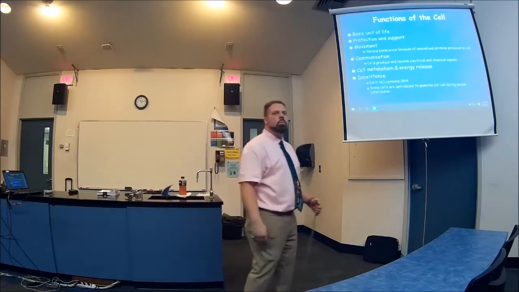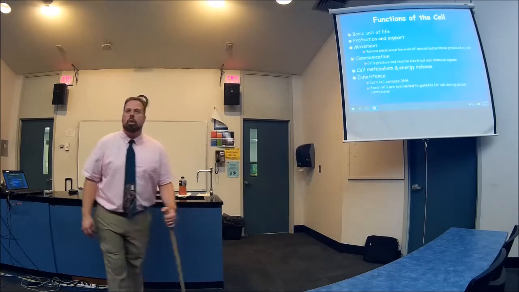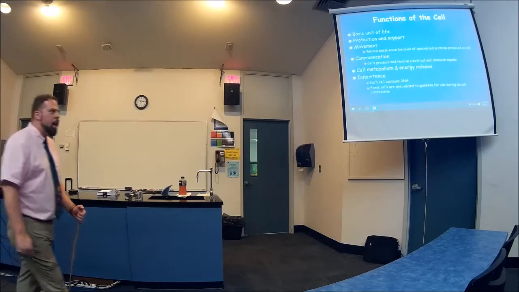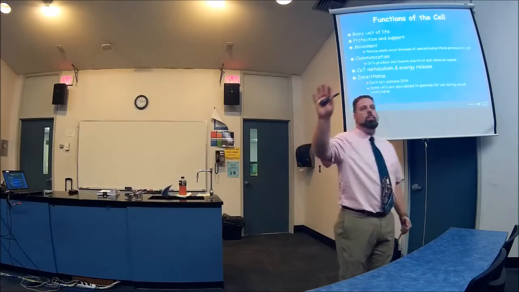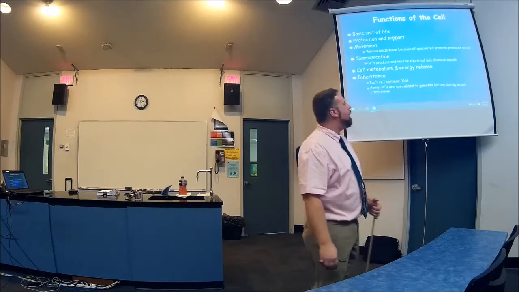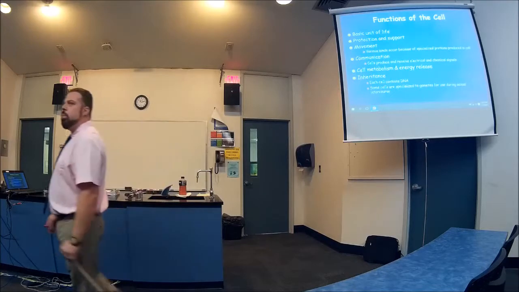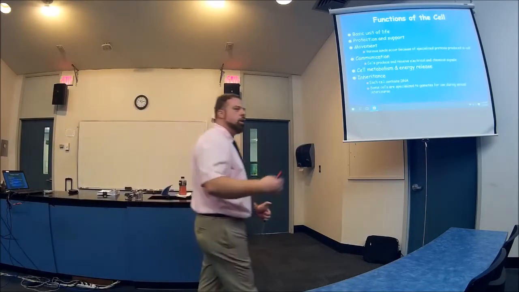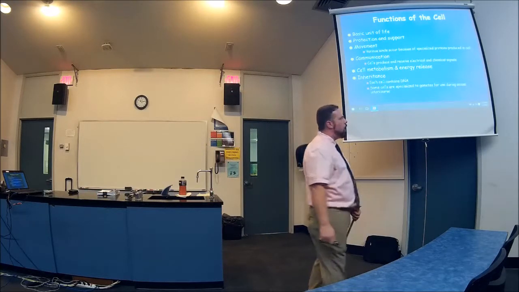It has a little flagellum. We also have communication, where one cell can communicate with another cell. There's cell metabolism and energy release. That's a whole separate test. We'll talk about that later. And of course, inheritance, that you could pass on this gene or this cell to the next generation and so forth. So we'll talk about DNA with that.